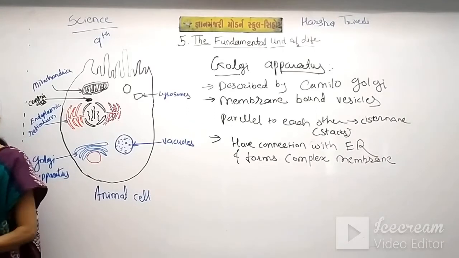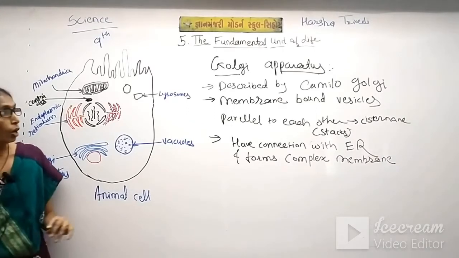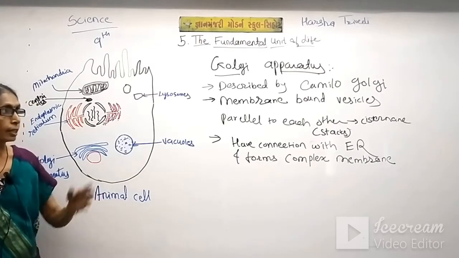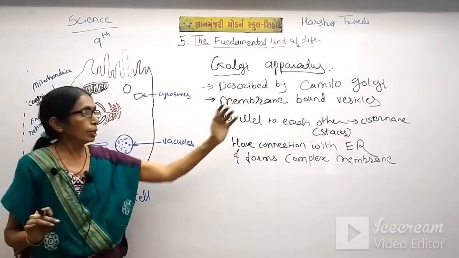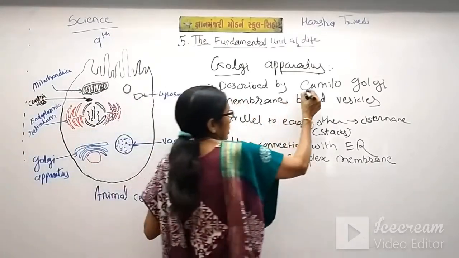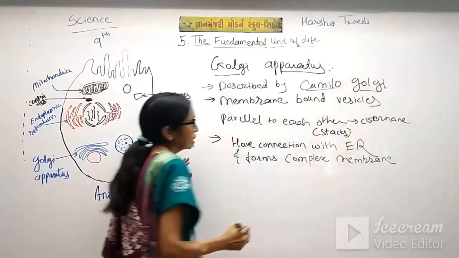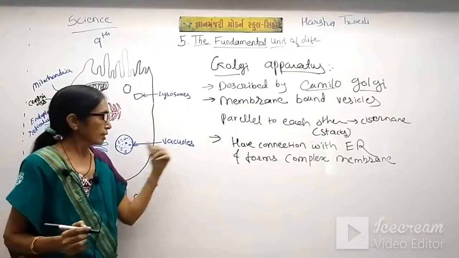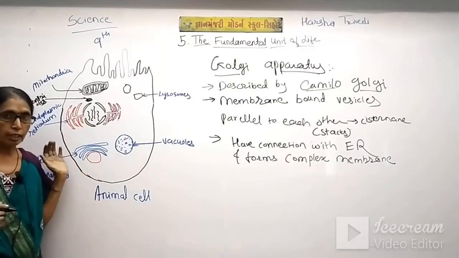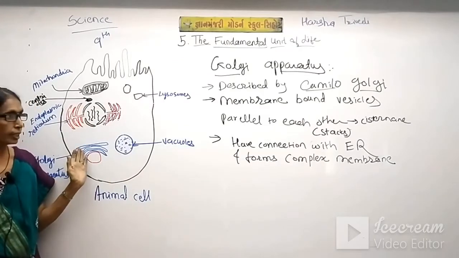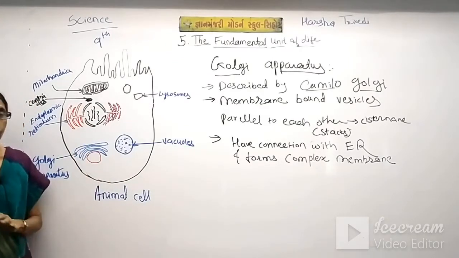So this is about the structure of Golgi apparatus given by Camillo Golgi, one of the scientists. Membrane bound vesicles which are parallel to each other, it can be seen in the figure, and it also has the connection that forms a complex membrane.